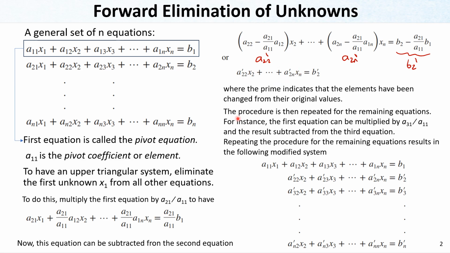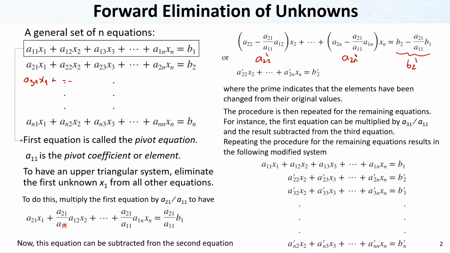Then we repeat this process for the remaining equations, meaning we subtract from the remaining ones. Actually, this will be wrong, not this one, but we multiply the first equation by a31, because here we have a31 x1. That's why we multiply this by a31 divided by a11.